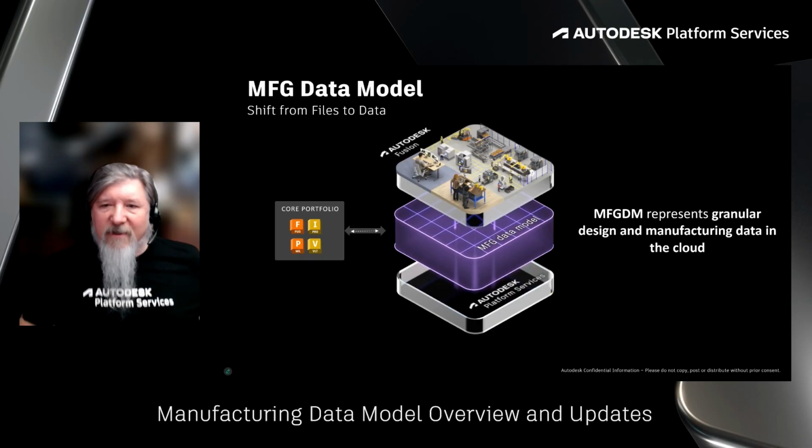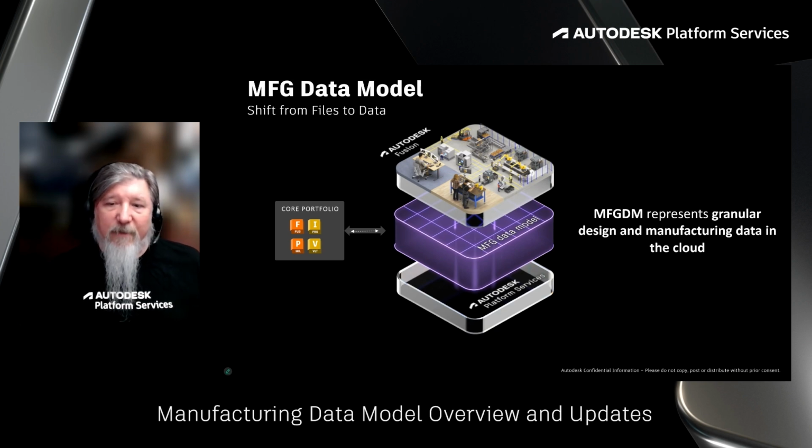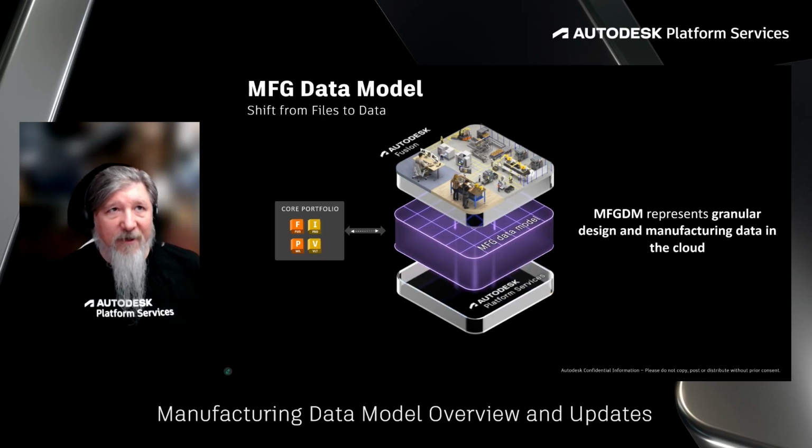So a connected source of manufacturing data across the entire organization is what we're attempting to do here. And it brings this data between desktop products like Fusion as well as third-party applications, for example, ERP, CRM systems. We've had a company connect to SAP, for example. So the manufacturing data model represents granular design and manufacturing data in the cloud, and that is our goal here.